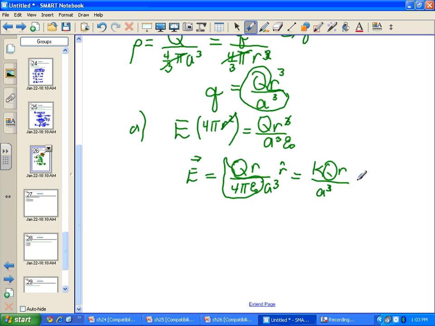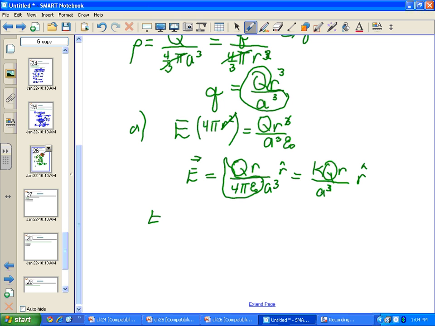And of course, this is in the radial direction, so we put our unit vector R hat. And we note that for some given quantity of charge Q, K being the electric constant, A cubed being the radius cubed of the sphere, E only depends on R.